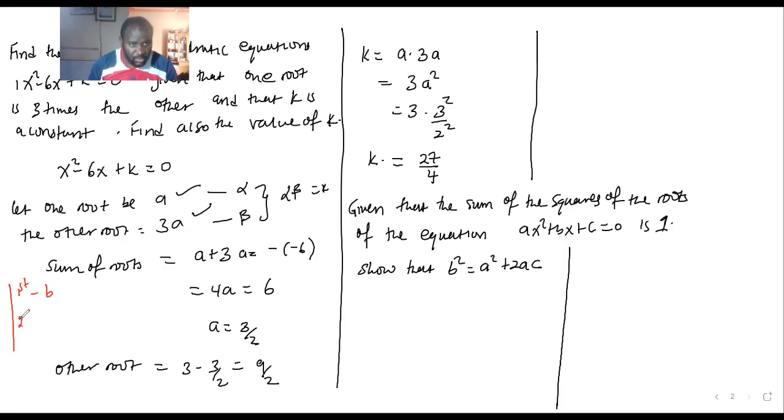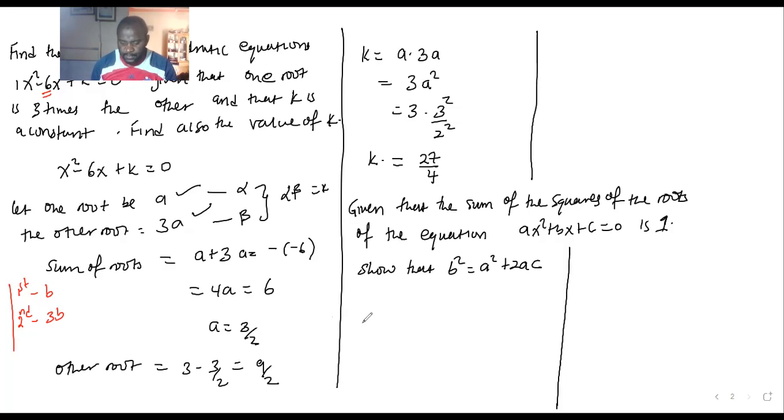So the second root should be 3b. So the sum of the roots will be b plus 3b, which is equal to positive 6. Then b will be equal to 3 over 2. The product of the roots will be b times 3b, which is equal to k. Did you get that? Yes, sir. Okay.